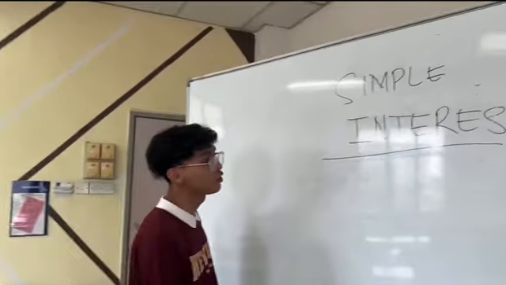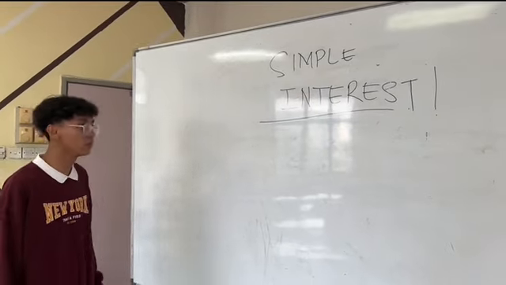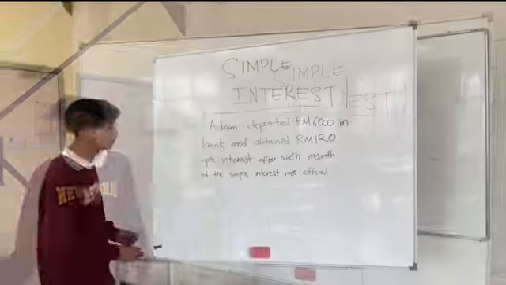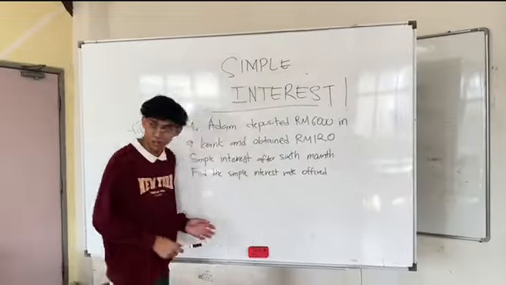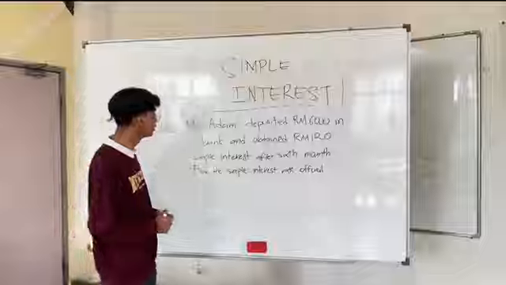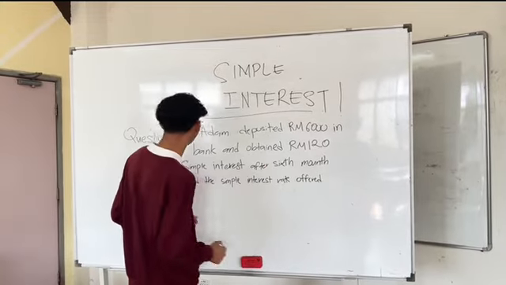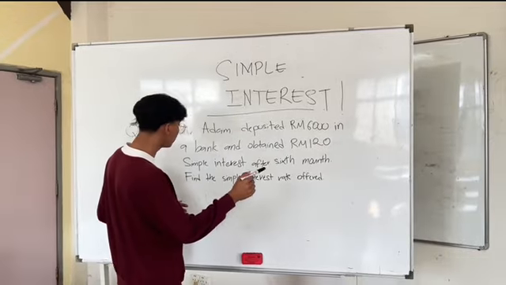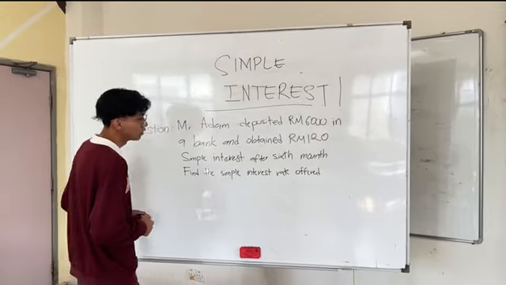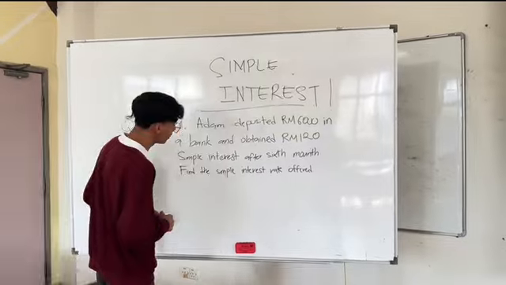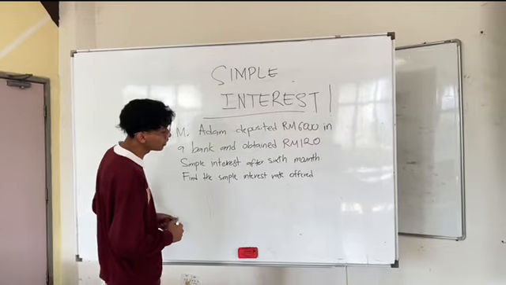So, this is a question that might happen. Let's look at the question. It says, you make a deposit of RM6,000 in the bank and obtain RM120 simple interest after 6 months. Find the simple interest rate offered.